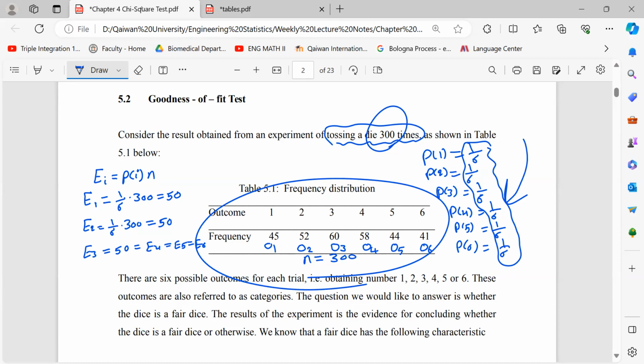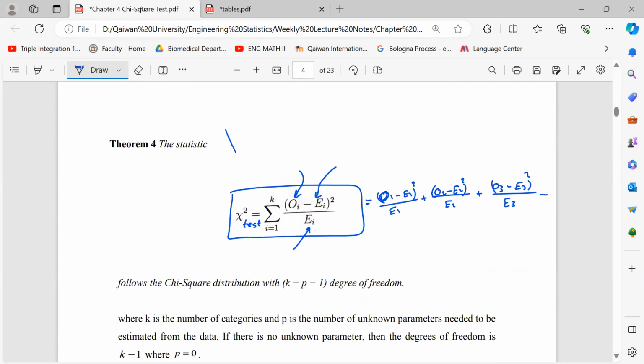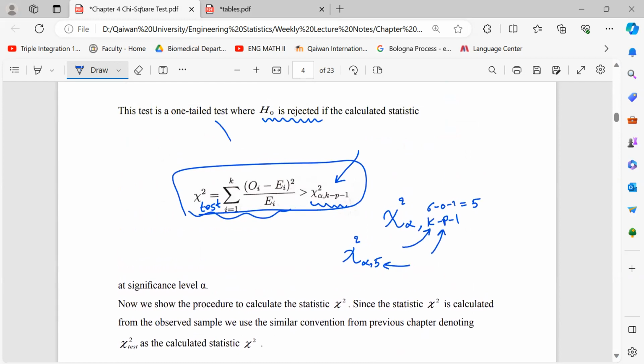That's H1. If the chi-square test is greater than the number that we get from the table, we reject H naught. That means we say that the dice is not a fair dice. So H naught is not accepted in this case.